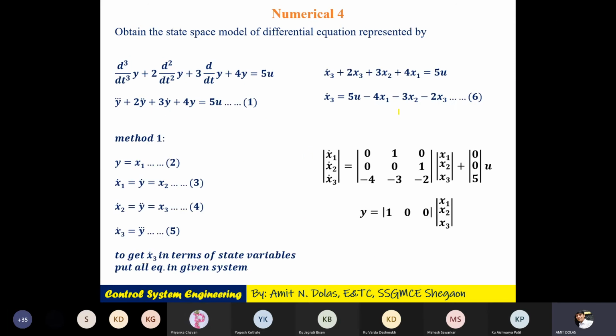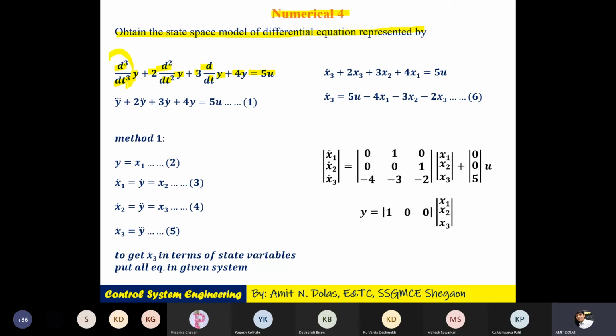Numerical number 4. Numerical number 4, what we have now, the state space model of differential equation. We have, instead of circuit, we have differential equation of the order 3, d cube by dt cube y plus 2 d square by dt square y plus 3 d by dt y plus 4y equal to 5u. We have to convert it into the standard form.